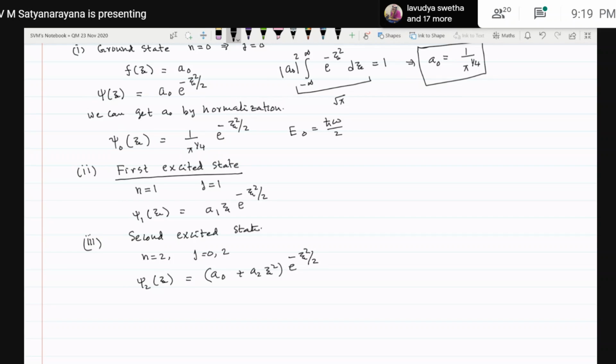But a2 can be written in terms of a0 using the recurrence relation, so you can always write a2 is equal to something into a0.